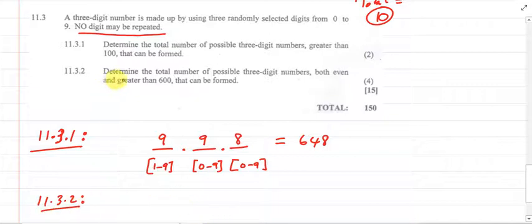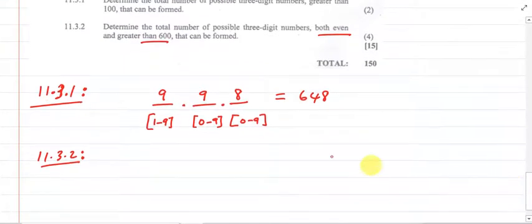11.3.2. Determine the total number of possible 3-digit numbers that are both even and greater than 600 that can be formed. Yes, how can we solve this? We need a number which is greater than 600 and needs to be even.